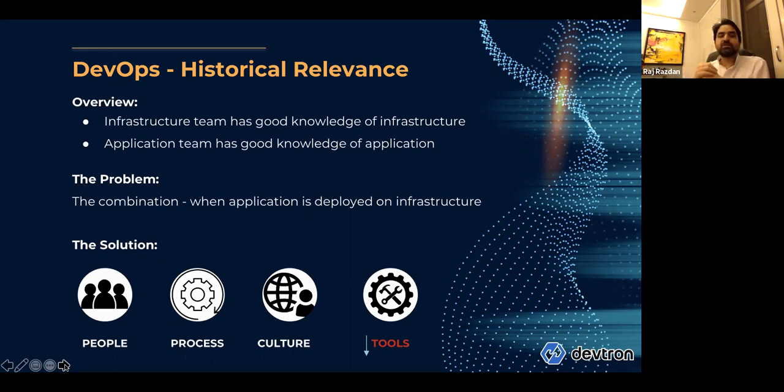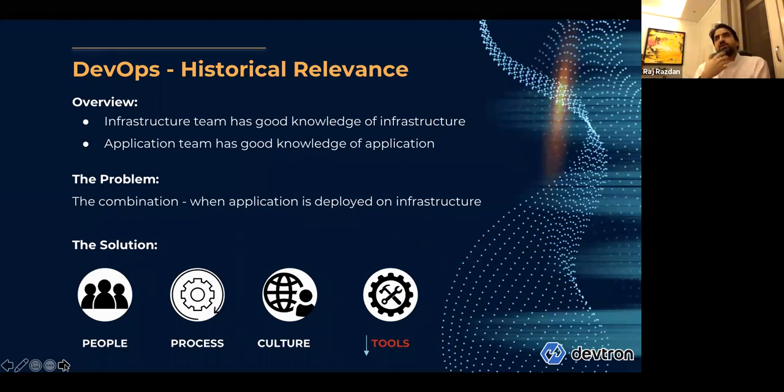And then you have the application team, which is the custodian of the application, where they have absolutely brilliant knowledge about the application. Now, historically, before DevOps came into being, the problem was, let's go from left to right, left being the source of application and right being the infrastructure side of the story.